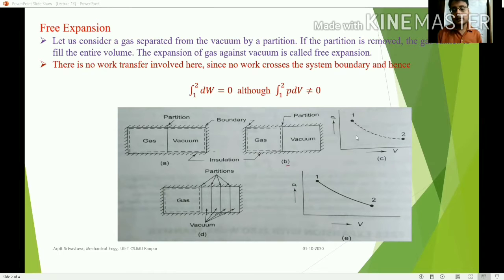In the first case, these intermediate stages are missing. That's why we connect positions 1 and 2 with a dotted line. But in both cases, the work done is equal to 0 because the expansion process is happening in a free manner.